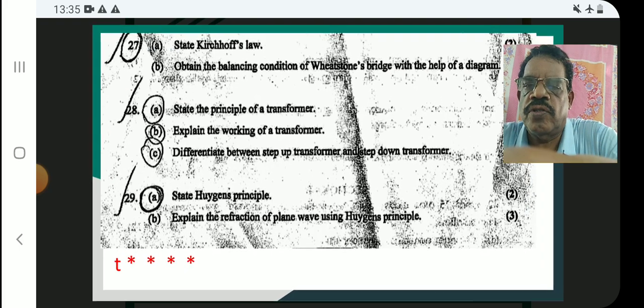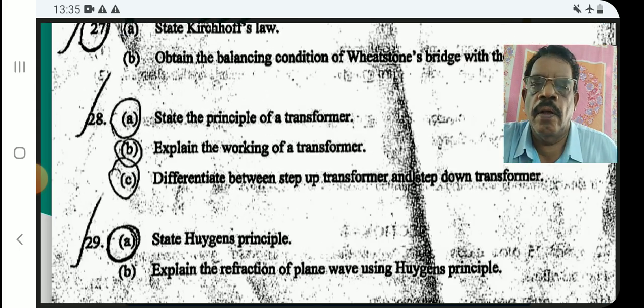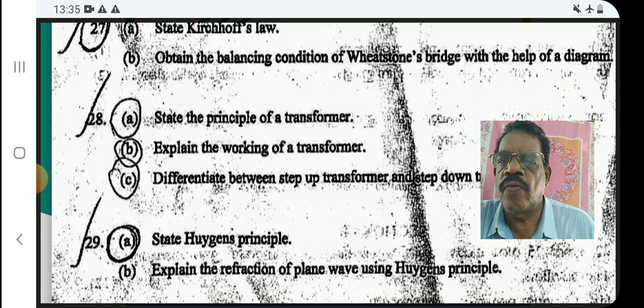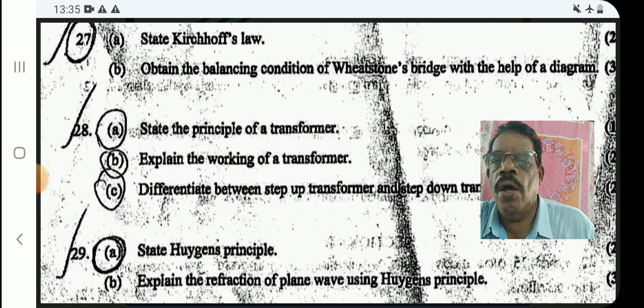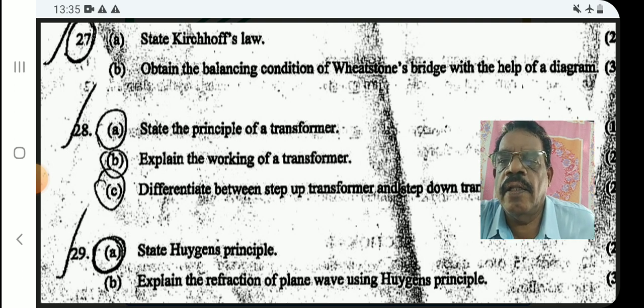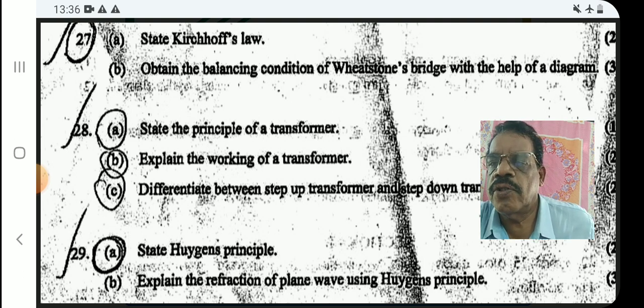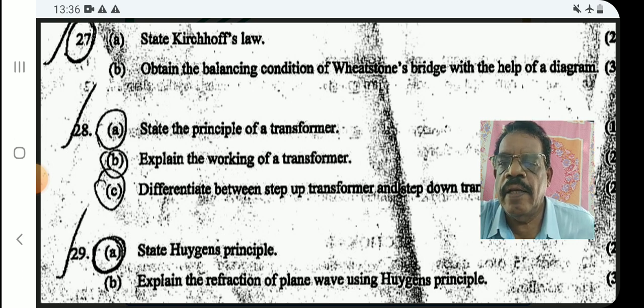I shall read the questions. Question number 27A, state Kirchhoff's laws. B, obtain the balancing condition of a Wheatstone bridge with the help of a diagram. Question number 28A, state the principle of transformer. 28B, explain the working of transformer.